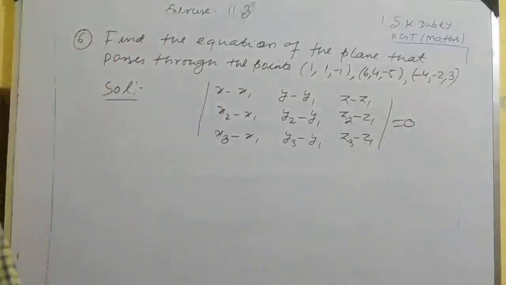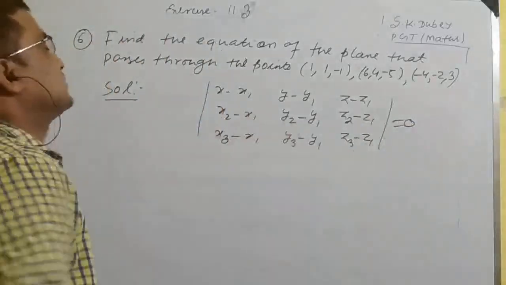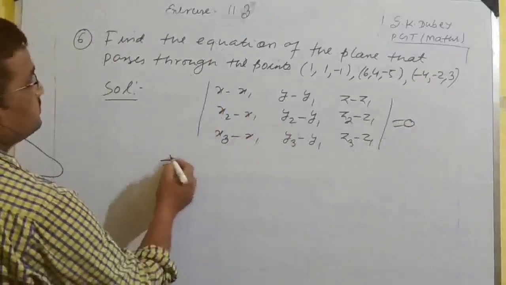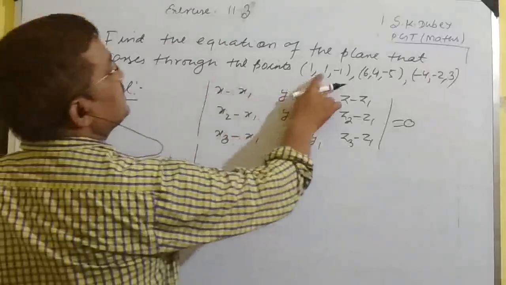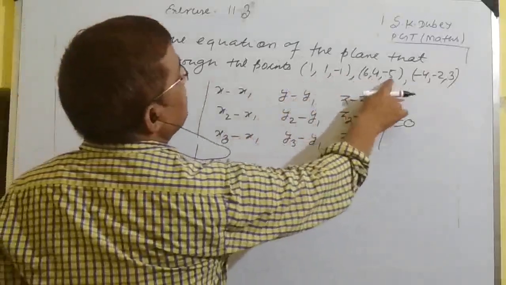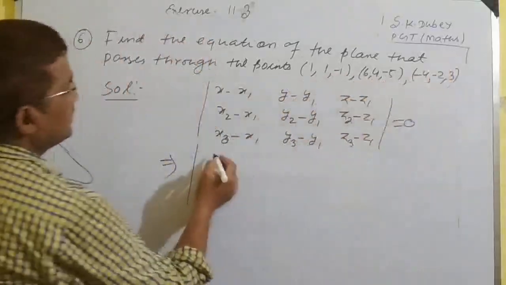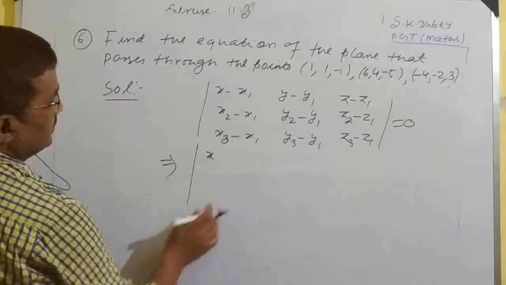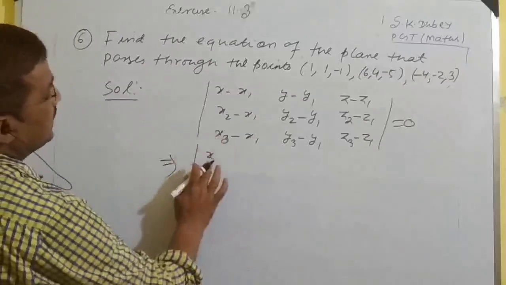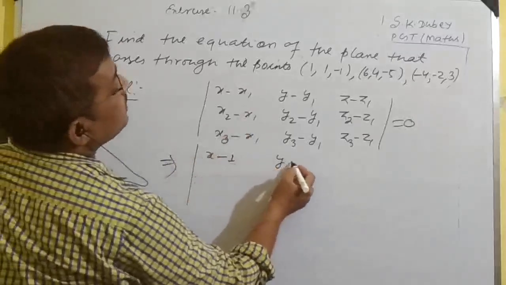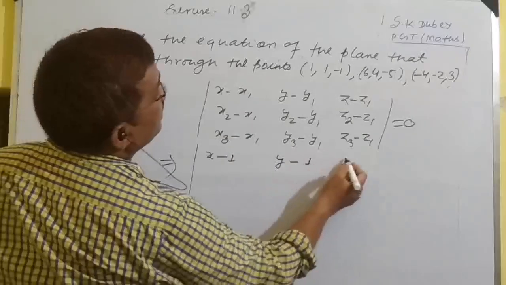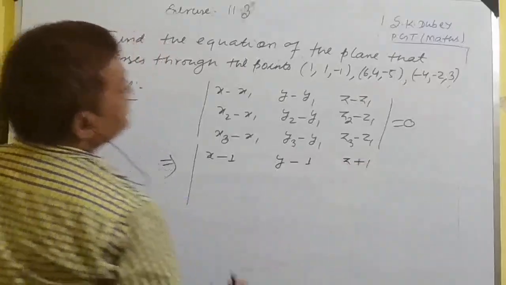This is the equation of the plane passing through 3 points. Now putting the values of x1, y1, z1, x2, y2, z2 and x3, y3, z3, the determinant will become x minus 1, y minus 1, and z plus 1.